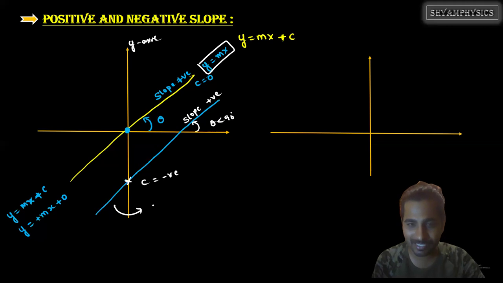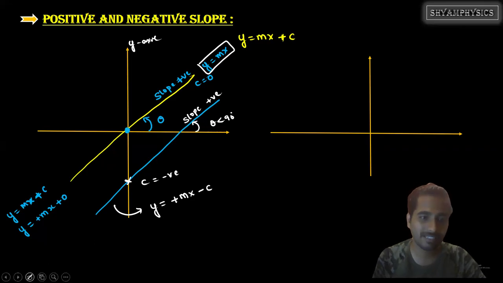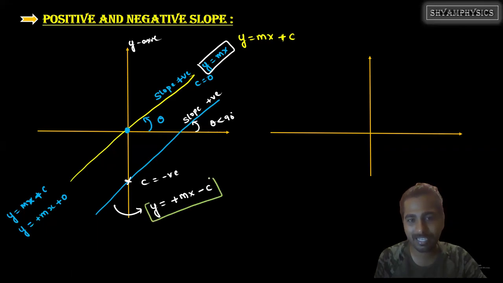So y equals, slope is positive, so mx. And then intercept is negative, so instead of plus c, we need to write minus c. This is the straight line equation for this blue color line.